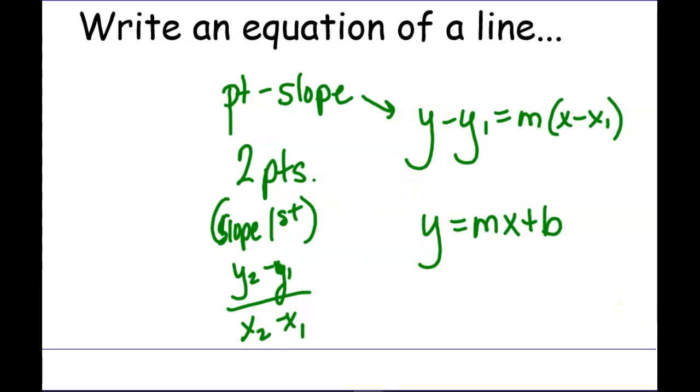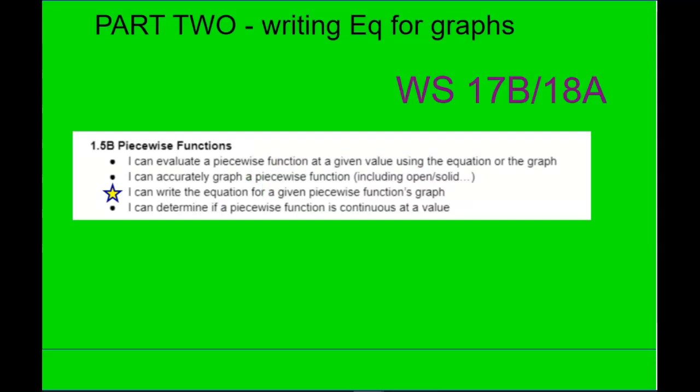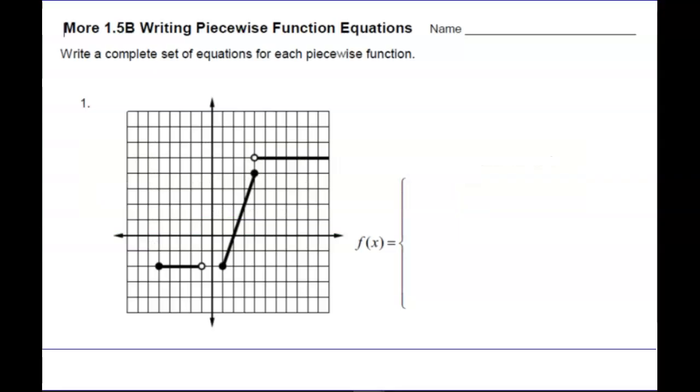All right. So we are going to work on today writing the equation given a piecewise function's graph. There are 2 parts to writing an equation. One is writing the equations of each chunk, and the other part is writing the domain intervals for each chunk. I find the domain intervals are way easier.